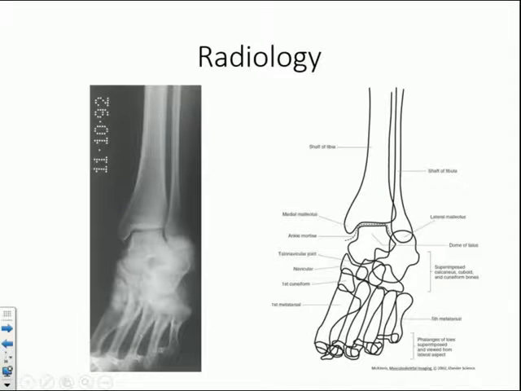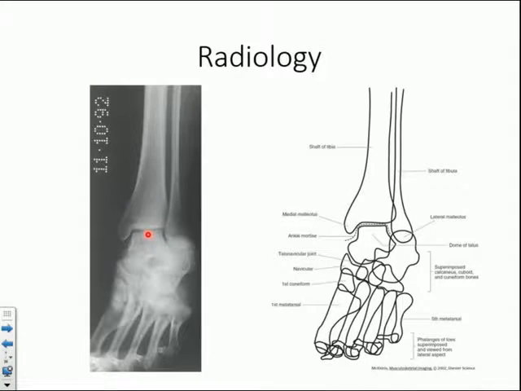Look now at some radiographic images of the ankle joint and the associated joints of the foot. You can see in this diagram the tibia and associated fibula, and how the fibula projects a little bit inferior relative to the tibia. You can also see the dome of the talus, which articulates with the tibia and fibula to form the ankle joint.